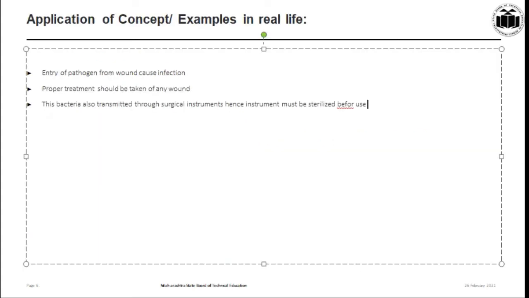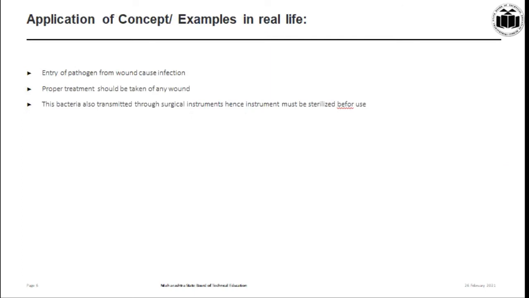So why is this study essential? Because you must know where to apply the concept which you have learned: this pathogen enters into the body by cuts and wounds, hence proper treatment of wounds must be taken, and also this bacteria is transmitted through surgical instruments, hence the instruments used for surgical and various operations on humans must be sterilized before use.